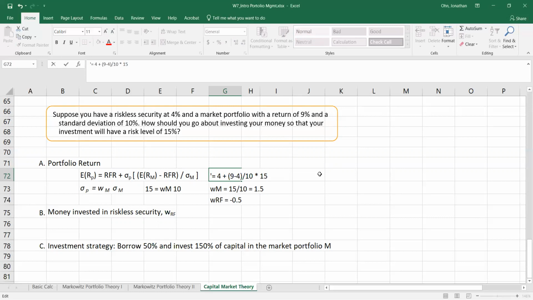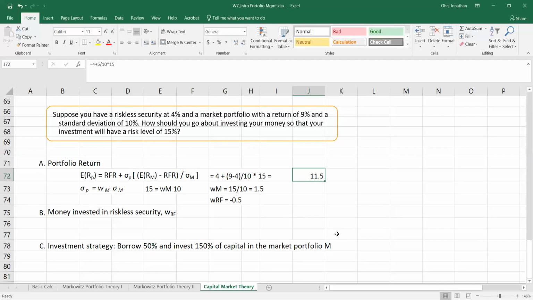So calculate that: 4 plus 5 divided by 10 times 15, and you have 11.5%.